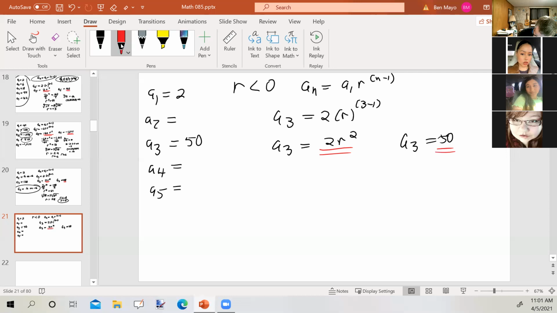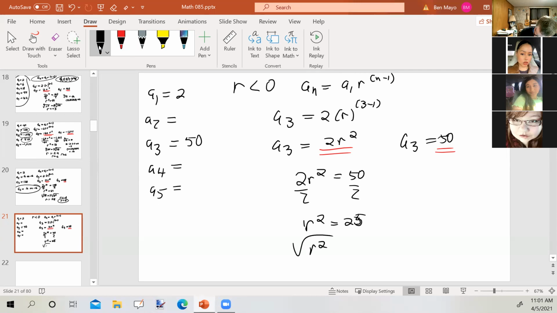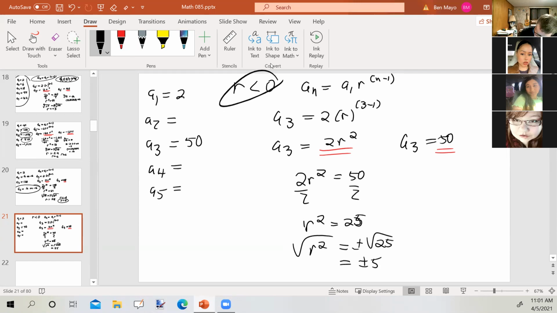So 2r squared equals 50. Divide both sides by 2, r squared equals 25. If we take the square root of both sides, we get plus or minus the square root of 25, which would be plus or minus 5. But since r is negative or less than 0, r has to equal negative 5.